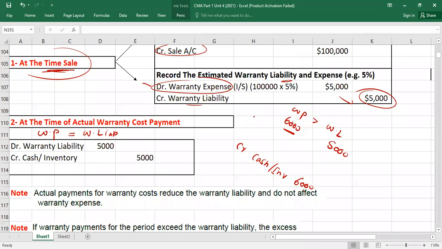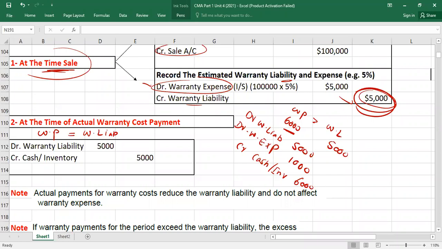Second, you have to debit the liability which you booked initially, the warranty liability, by 5,000. And you can see the difference of 1,000 on the debit side. Where will you record it? You will debit it to the warranty expense account.